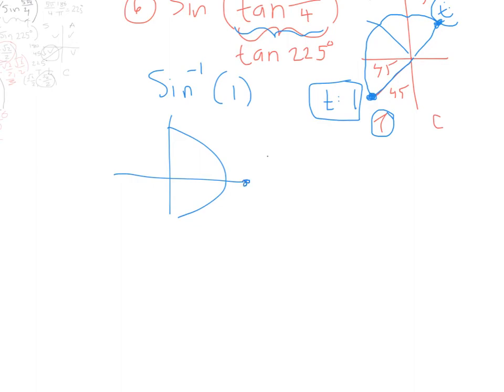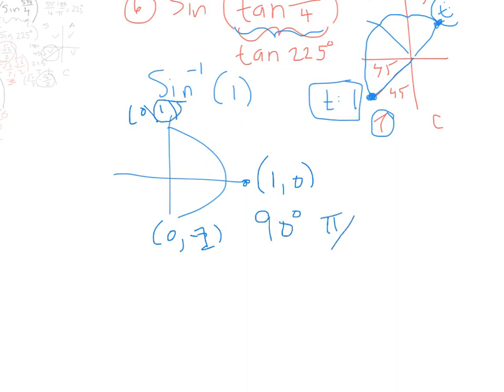Don't forget that on the axes we have nice ordered pairs. Between negative 90 and positive 90, the sine, or the right side, is positive 1 at 90 degrees. So the answer is 90 degrees, or you could say pi over 2.